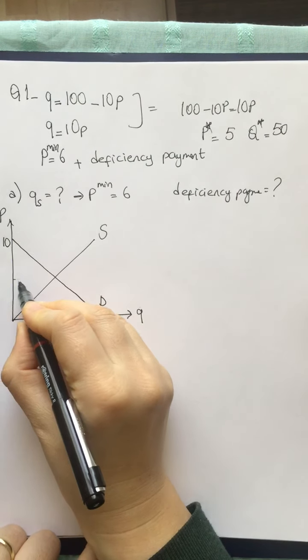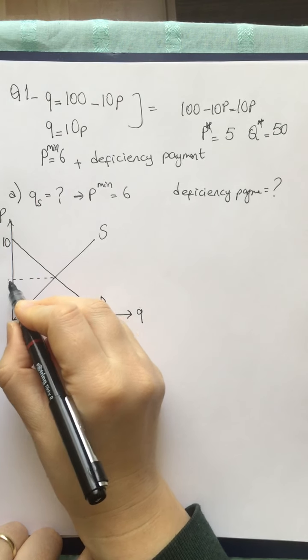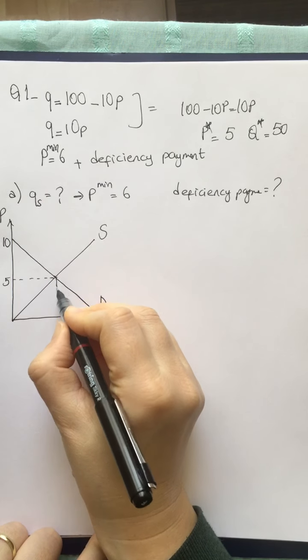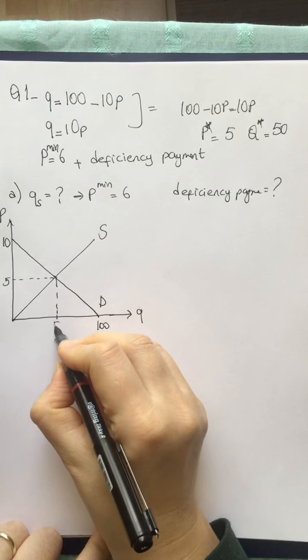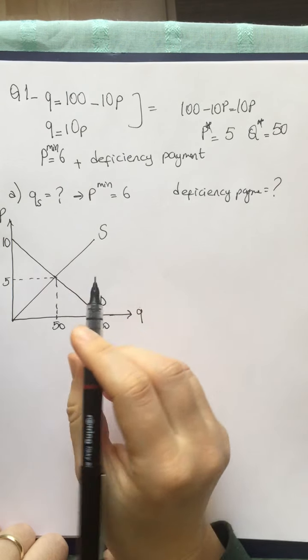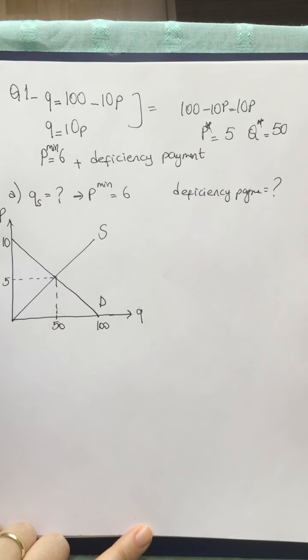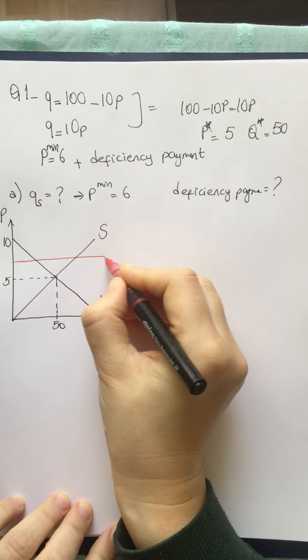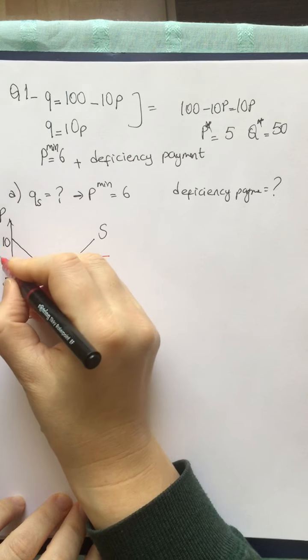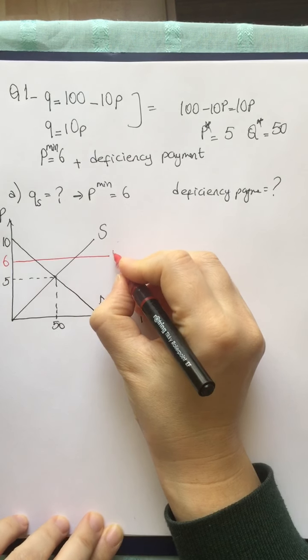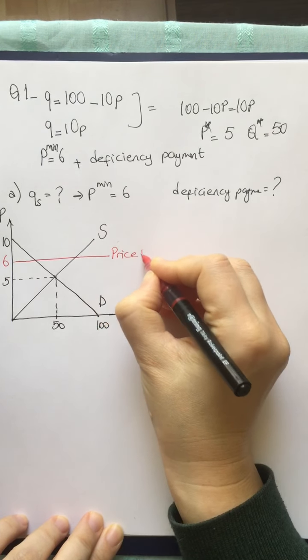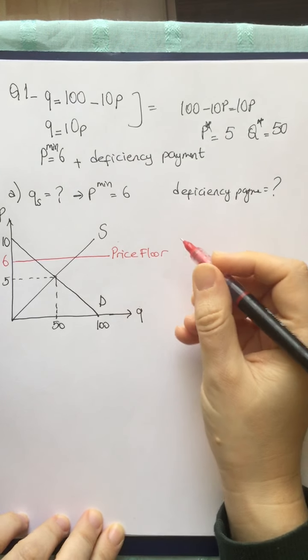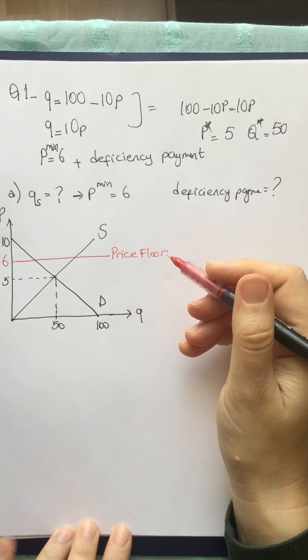Then the government sets the minimum price of the wheat at 6. That is the price floor of the government, the minimum price.